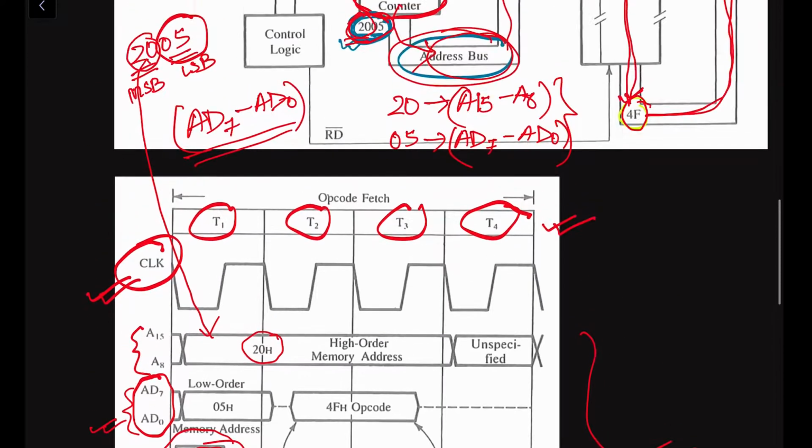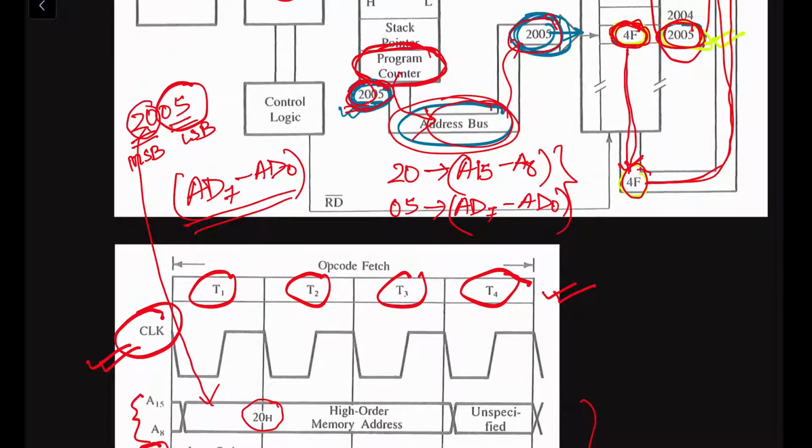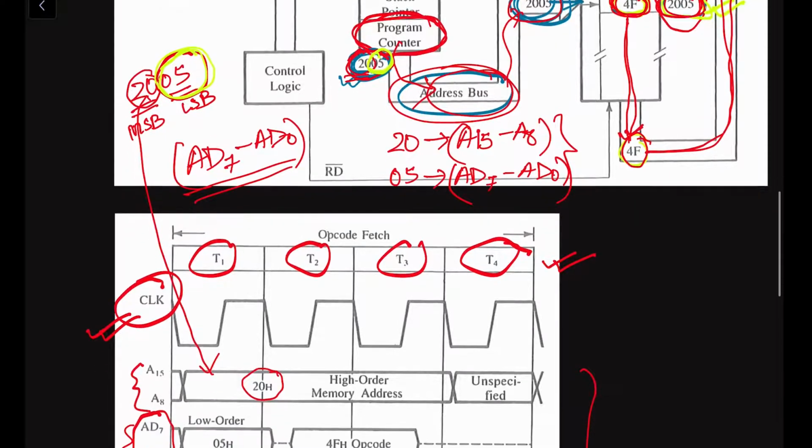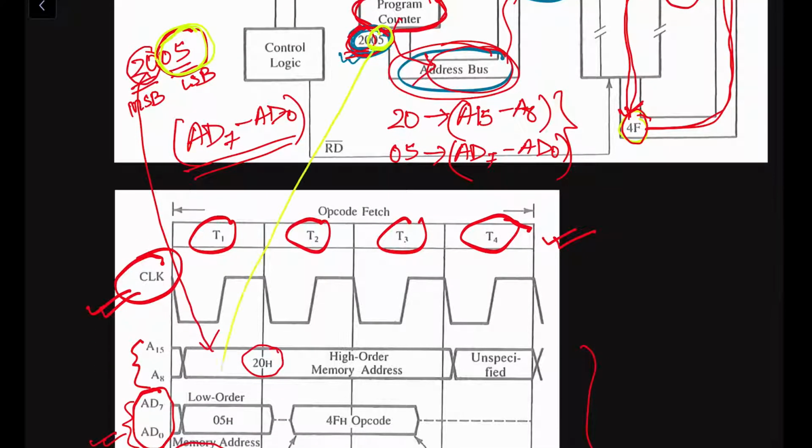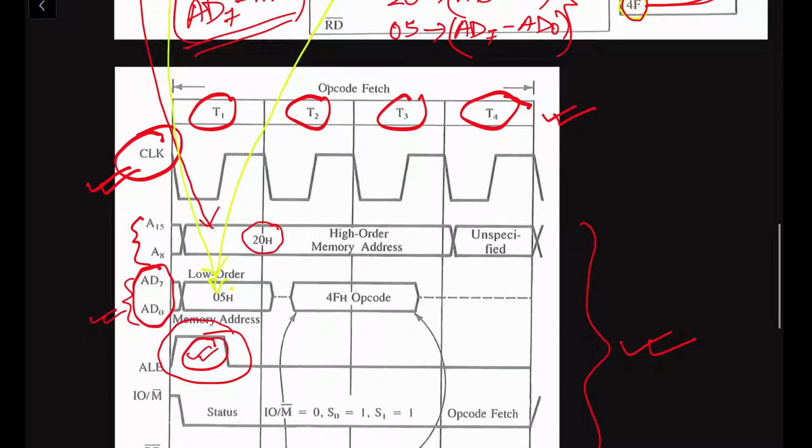See here, the lower order address, let me use another color, this 05 is the lower order address of 2005. So this 2005 address with 05 will be loaded to this address data bus. This is the 05H and it will remain in the address data bus for only one clock cycle.